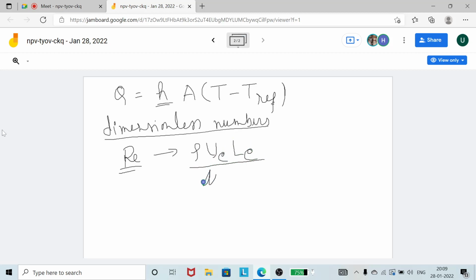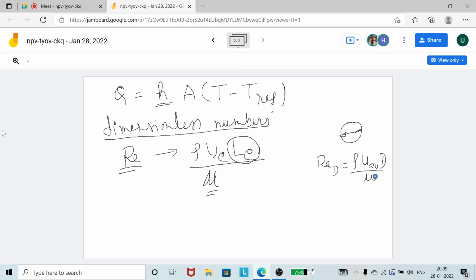For example, for a pipe flow, we write the Reynolds number based on diameter. So the characteristic length is D: rho U average D by mu.